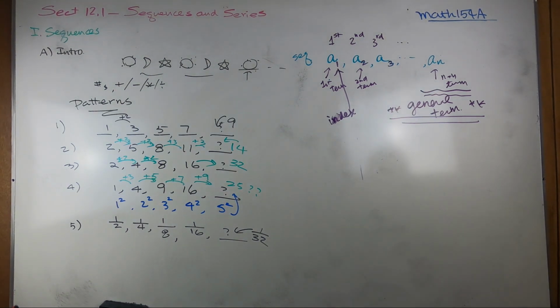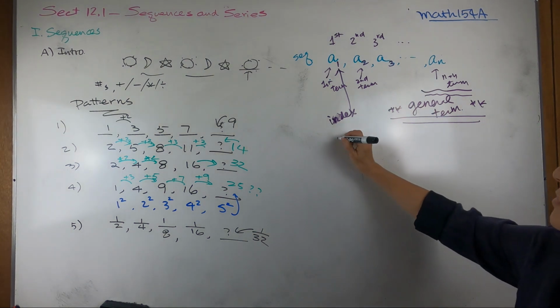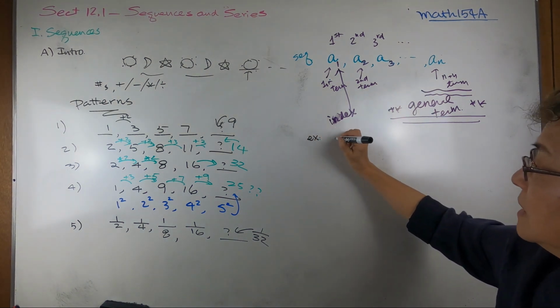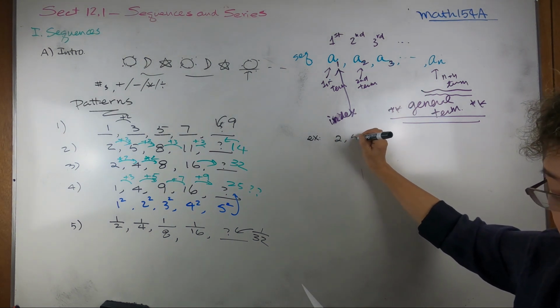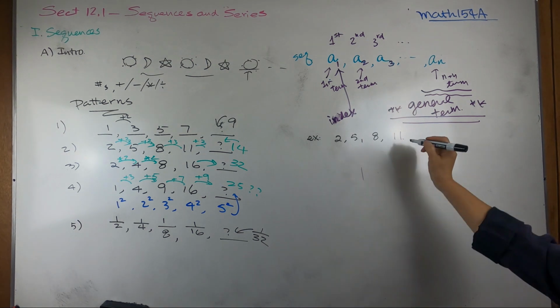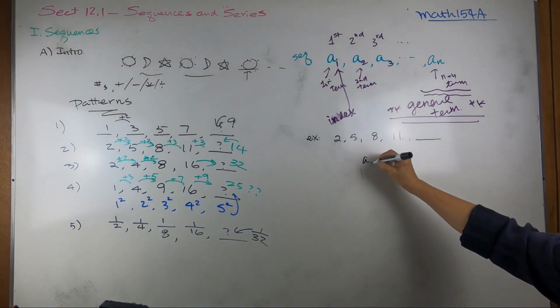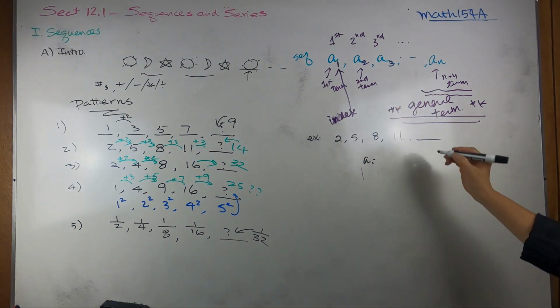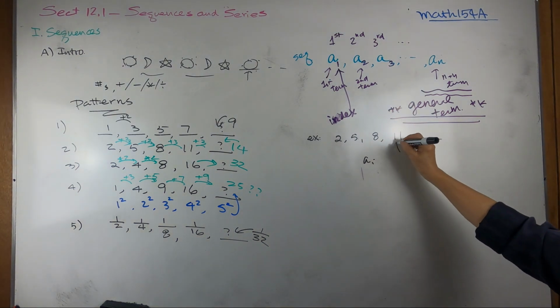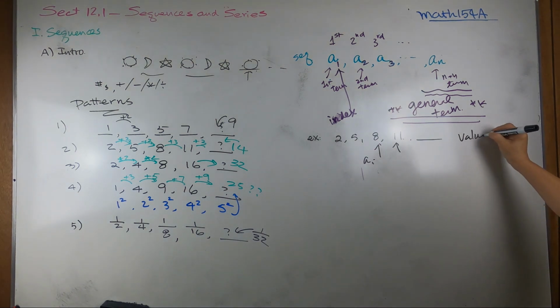So if I have a sequence like this, 2, 5, 8, 11, all of those are your terms. Then what do we call those things? The values of each term.